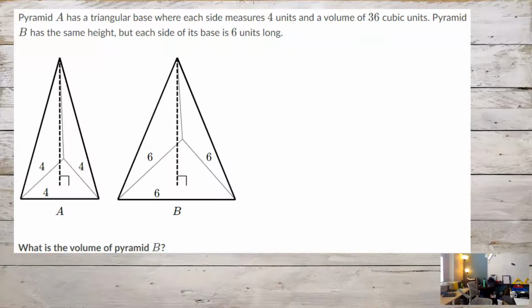To get from 4 to 6, that's times 3 halves. But to get the new area, B is going to be 3 halves squared times A. You might want to jot a quick note of that in case you're going to forget before you go to do that homework. Anytime they give you length comparisons, we take the ratio of lengths and square it.